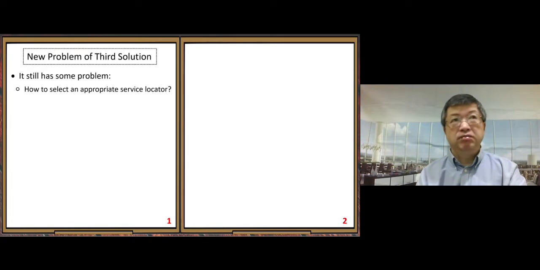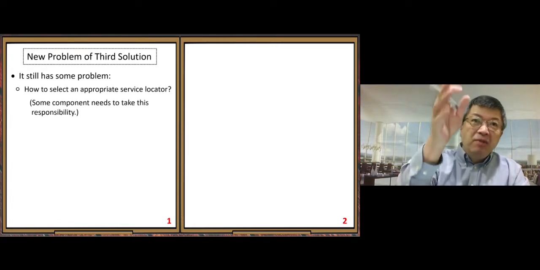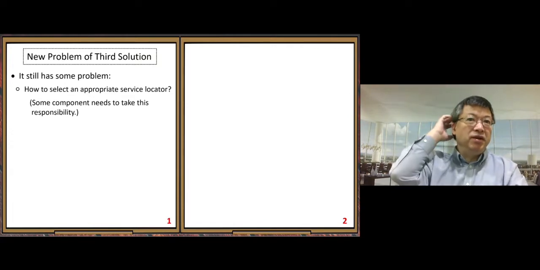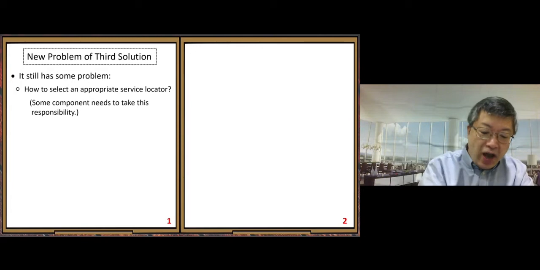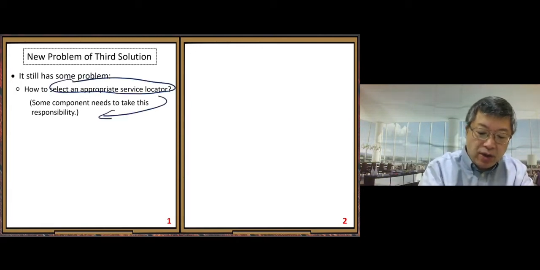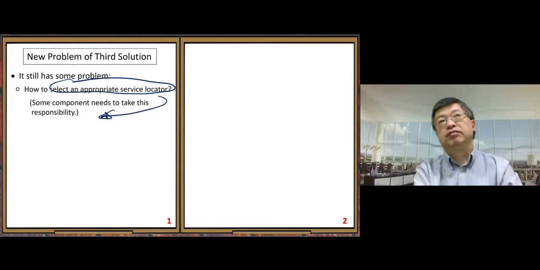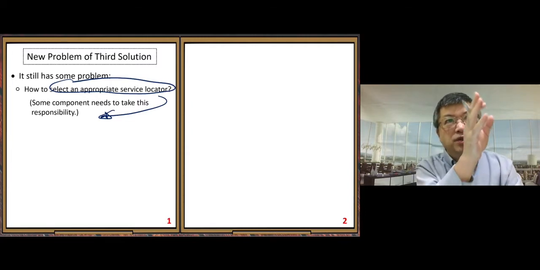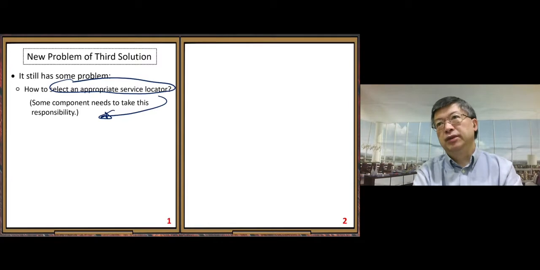That part is not that easy. Some component needs to take this responsibility: select the appropriate service locator. That's an important responsibility, and some component needs to do it.